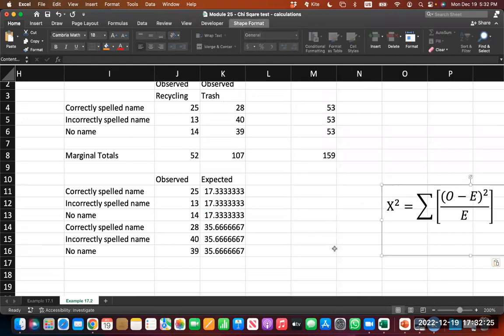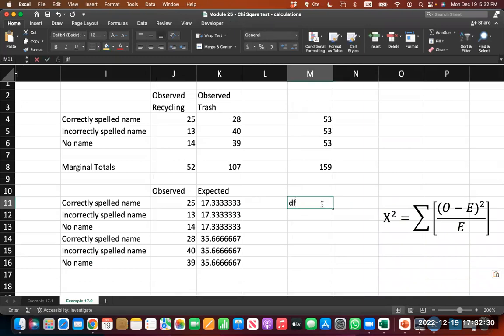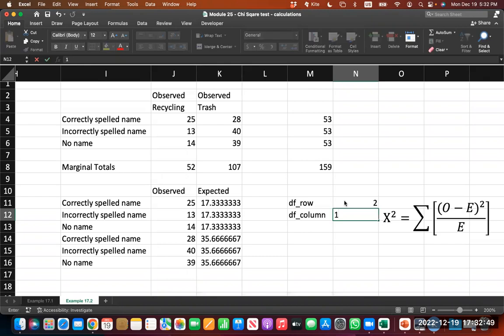But first we need the degrees of freedom, so we need the critical value. Degrees of freedom of row, degrees of freedom of column. Degrees of freedom for row is 3 rows minus 1, which is 2. And degrees of freedom of column is 2 minus 1, which is 1. So degrees of freedom here is 2 multiplied by 1.